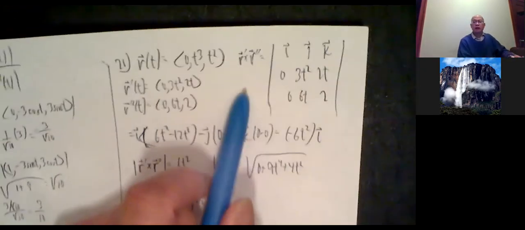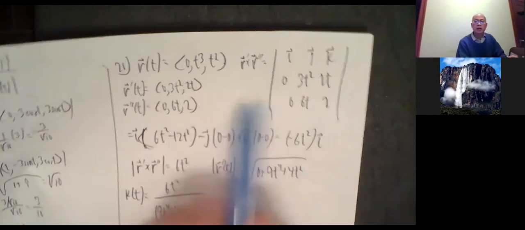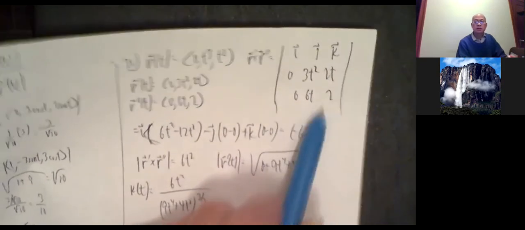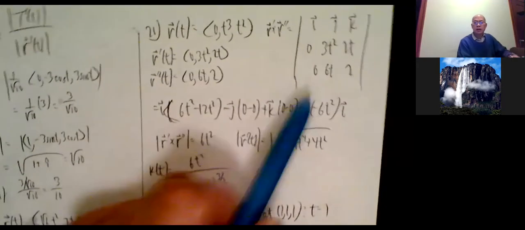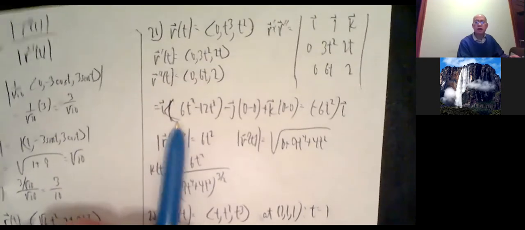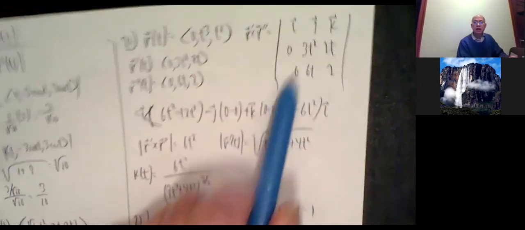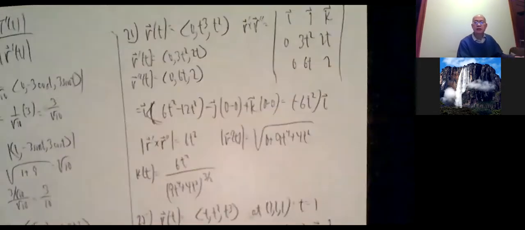I need the cross product, R prime cross R double prime. i, j, k, 0, 3t squared, 2t, 0, 6t, 2. So i is that minus that, 6t squared minus 12t squared, minus j, nothing minus nothing, plus k, nothing minus nothing. So negative 6t squared i.